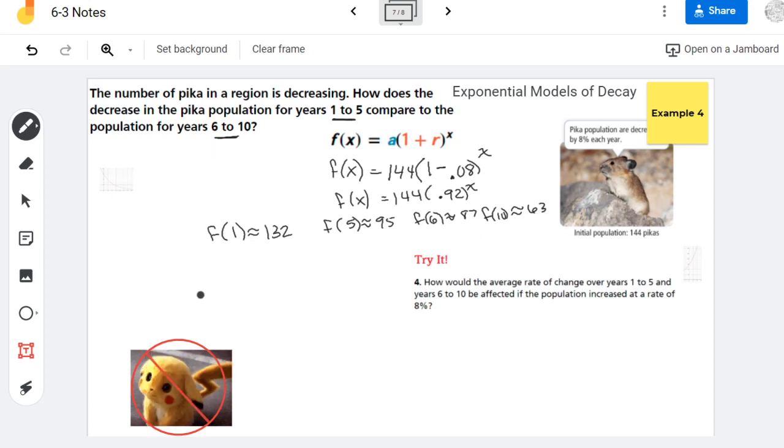Okay, so now we're looking at the rate of change, right? So years 1 through 5, I'm using the slope formula to calculate this. So again, my slope is my change in my y values. So it would be 95 minus 132, divided by my change in my x values, from 5 years to the first year.